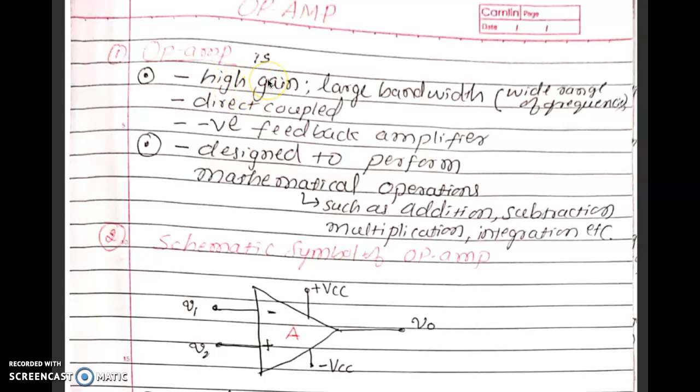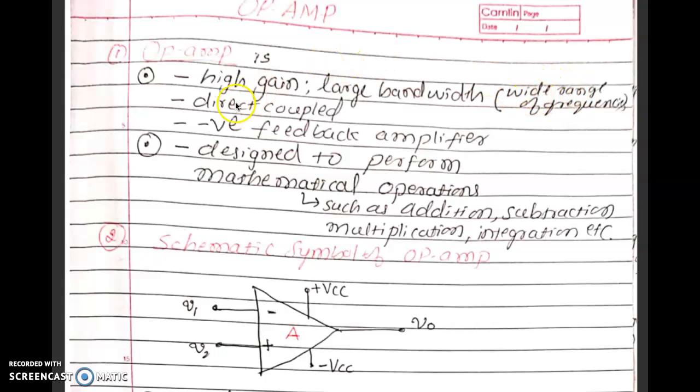It gives the output which is a multiple of the input. Then it is a large bandwidth device. What is bandwidth? Bandwidth is the range of frequencies. The range of frequencies is wanted to be wider.